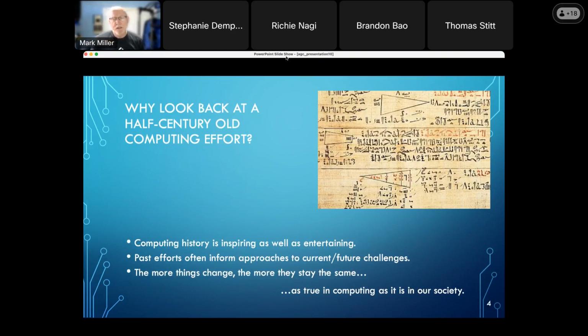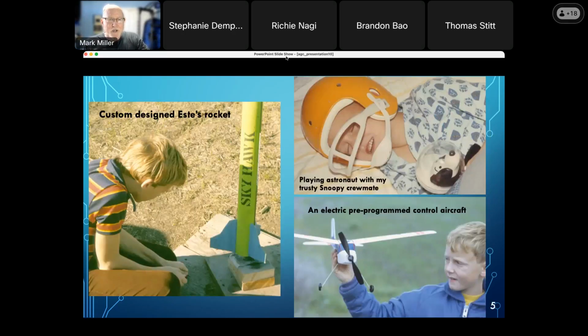So why look back at a half-century-old computing effort? For me, computing history is inspiring as well as entertaining. A lot of times when I'm confronted with a problem, I say to myself, somebody's got to have solved this problem already. Let's go see what they did. So I often look to the past to inform how I'm going to do business. The other thing I notice quite often is the more things change, the more they stay the same. Also, this is me as a kid. I was really enthralled with the Apollo program in the 1960s.